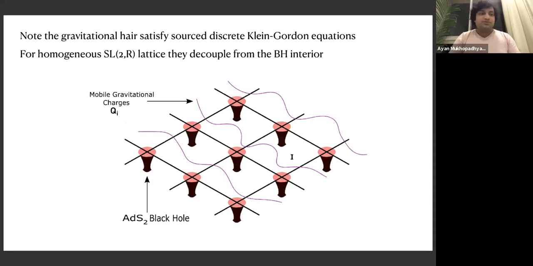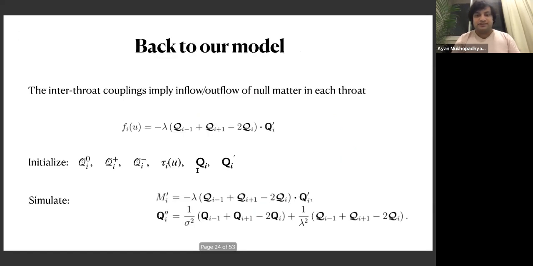One should also note that this gravitational hair satisfies source discrete Klein-Gordon equations. This gravitational hair obeys a linear equation, and if the SL2R charges are all homogeneous, then the gravitational hair completely decouples from the SL2R charges and is freely propagating over the black hole.